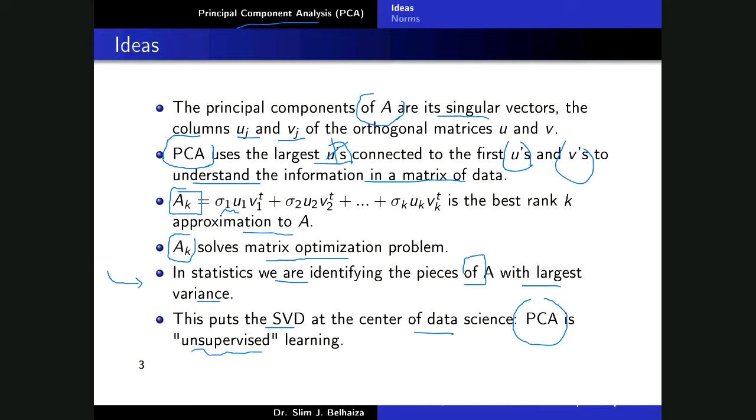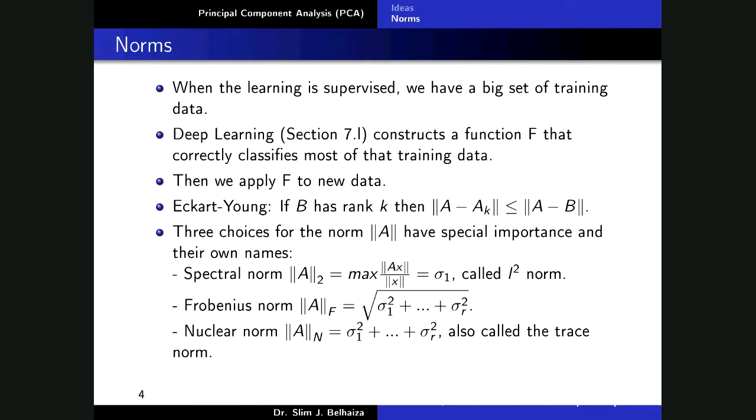Hello, Shabab. So to put things in context, when the learning is supervised, we give it a different name. So people in data science, they don't call it PCA. They call it deep learning. Okay. So when we have a big set of training data, we have what we call deep learning.